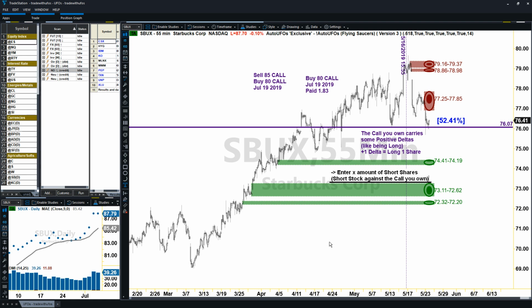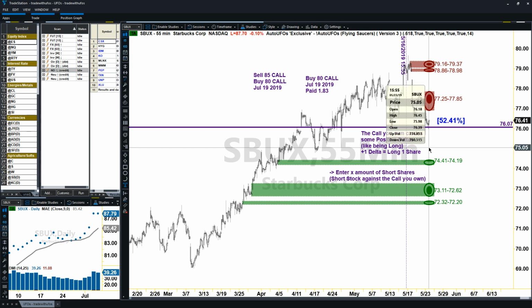Why? Because if you short stock, this is like adding short shares. The short shares you add will counteract the long shares you have, because you are positive delta, which is like being long. So now if I add short shares, that will provide negative deltas, and therefore I will neutralize my delta.